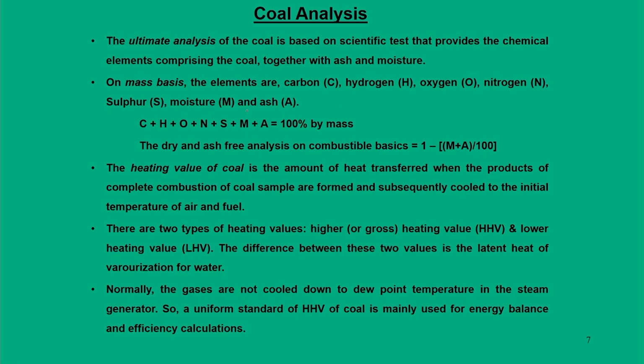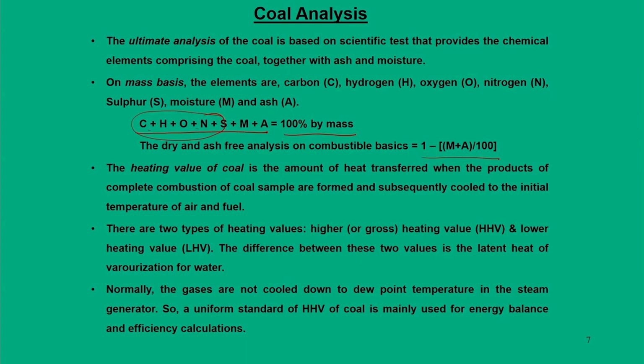So, basically 100% of the mass of coal contains these components, and from our analysis we must find out each component. Then there is the dry and ash-free analysis on a combustible basis, because if you remove the moisture and ash, then only the combustible part takes the lead during the combustion process, while moisture and ash just have to be driven out.